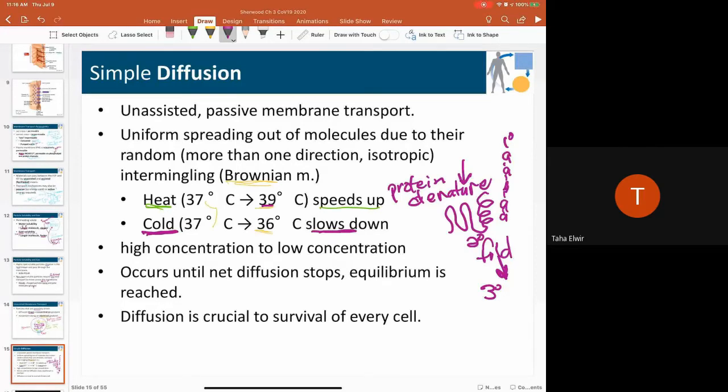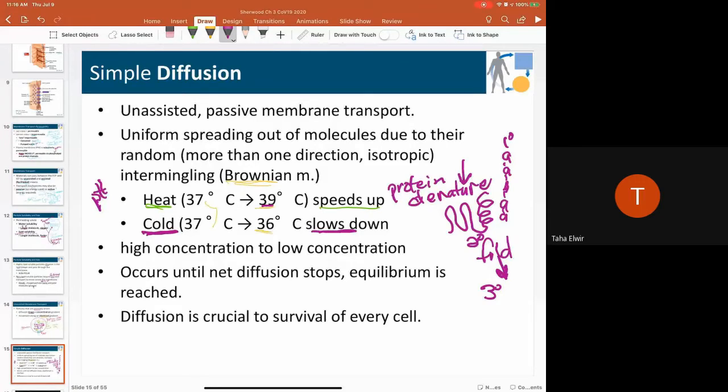If you can cool down the protein before it totally unfolds, it can refold. But if it totally denatures, you've lost the function of that protein. So heat is one problem, also pH. Too acid or too basic, that can denature proteins as well.